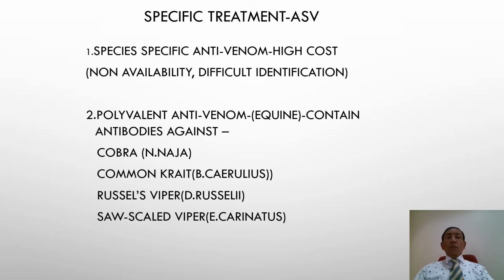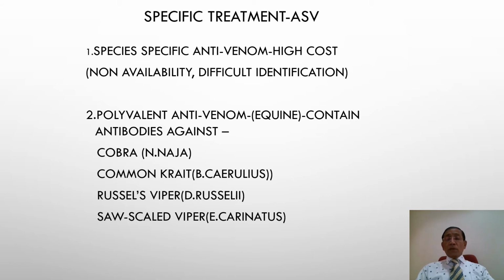Therefore, a polyvalent antivenom, which is equine, contains antibodies against four major snakes, as we have seen: cobra, common krait, Russell's viper, and saw-scaled viper. So these are the four major ones against which the ASV is useful. It is an equine type which is available.